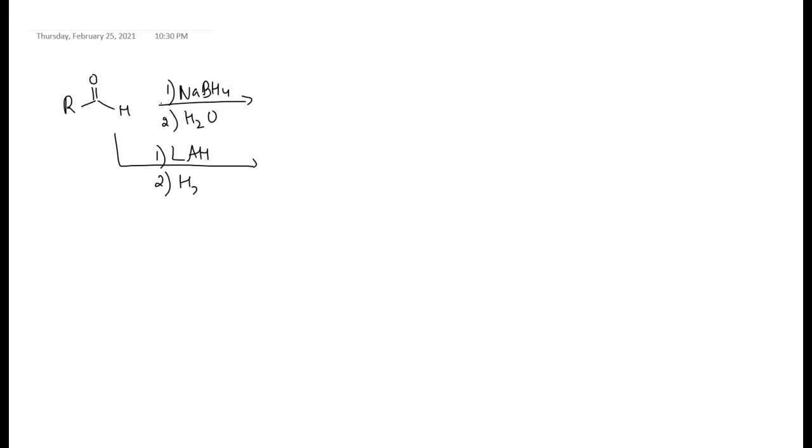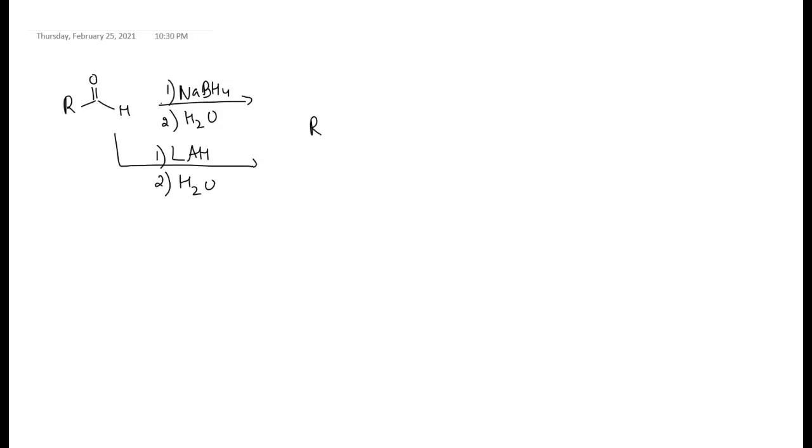Now if you have an aldehyde like R double bond O H, this is an aldehyde, and again the same thing, you react it either with sodium borohydride followed by water or lithium aluminum hydride followed by water.